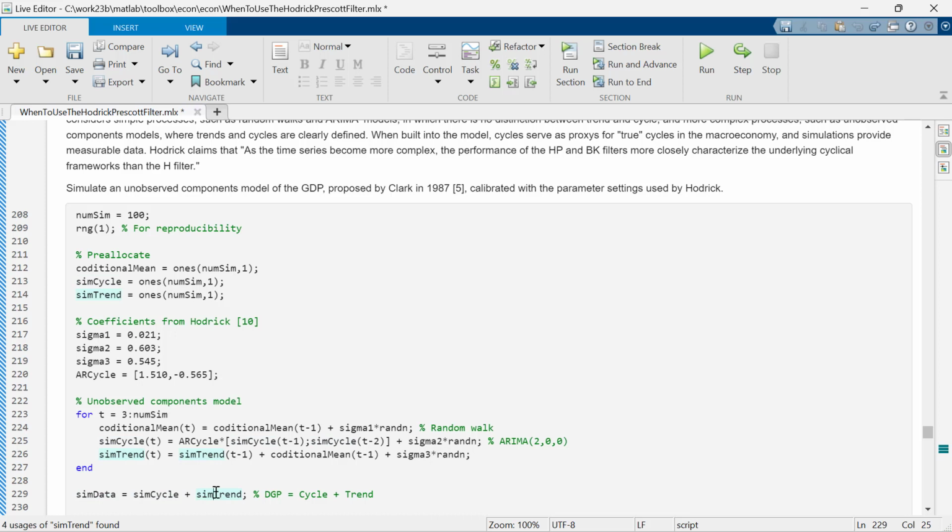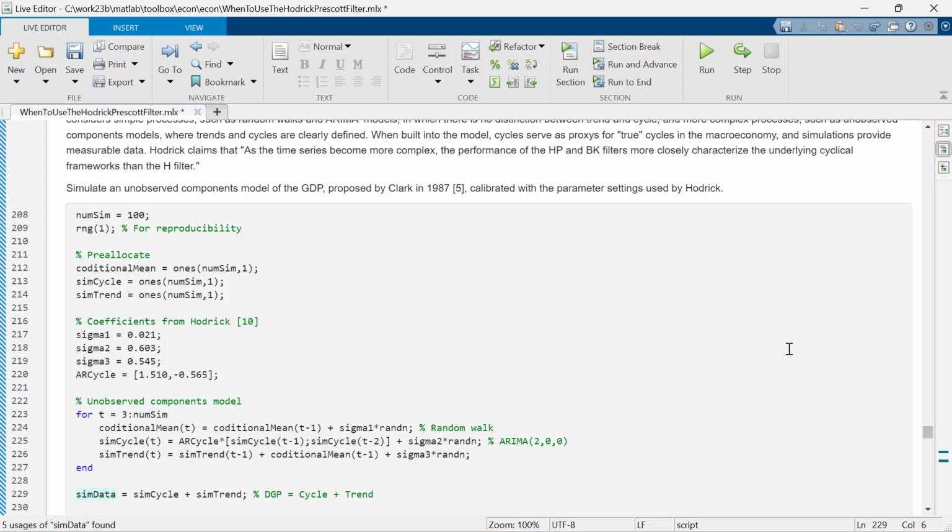Now, you can argue about whether this is representative of true economic data or not, but it's data with a built-in cyclical component and a built-in trend component, and so if we apply the filters to the data itself, we can compare the cycles that are output and the trends that are output to the cycles and trends in the data generating process.